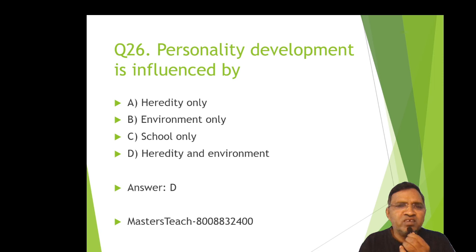Then personality development is influenced by heredity only, environment only, school only, heredity and environment. So the personality development is influenced by both heredity and environment. So little bit confusing. You have to think before answer.